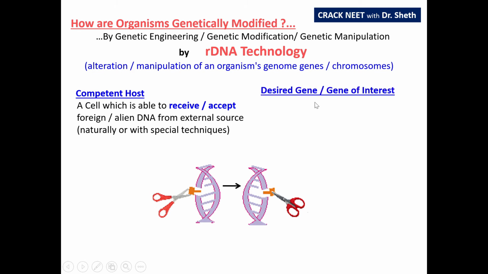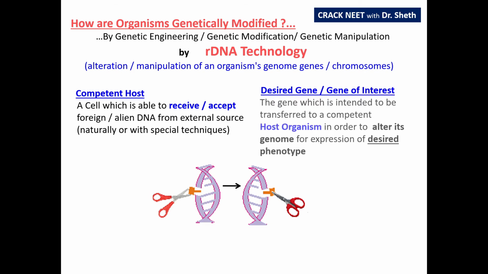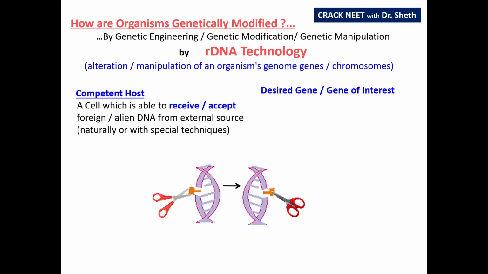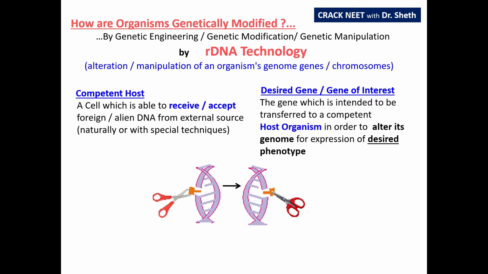What is the desired gene or the gene of interest? The gene which is intended to be transferred to the competent host in order to alter its genome for the expression of a desired phenotype. The host organism produces certain proteins or has certain phenotypic properties, but you want it to produce some desired protein.